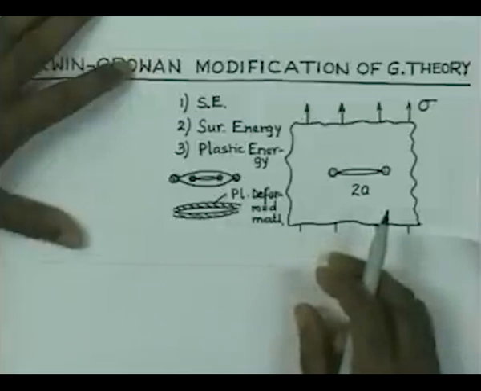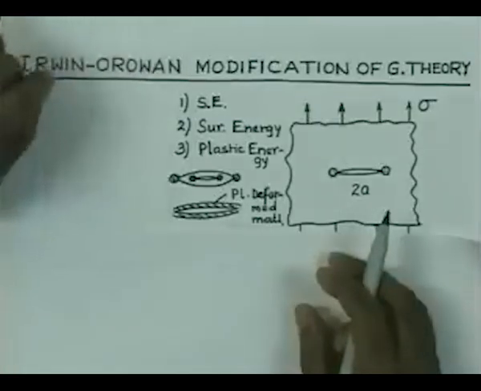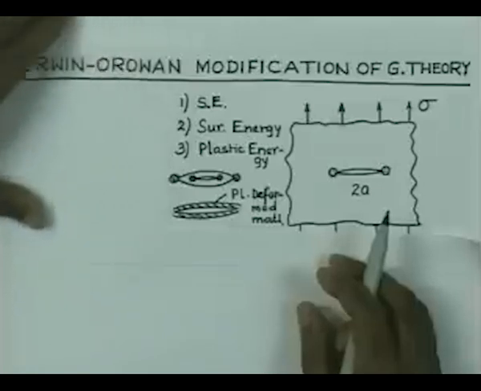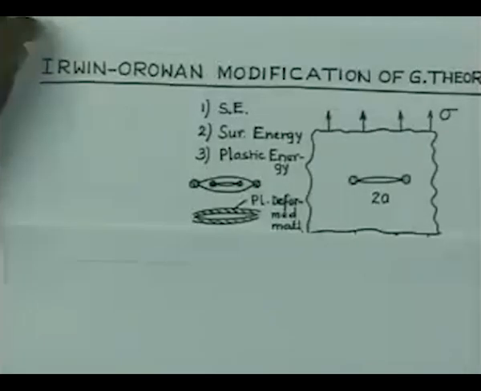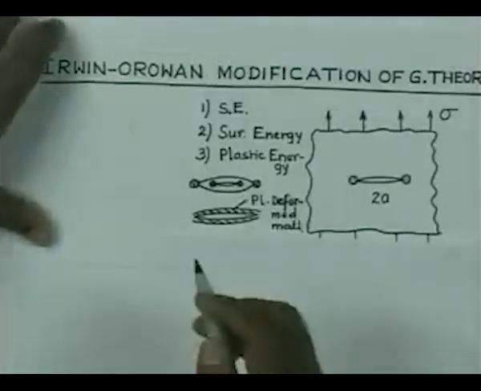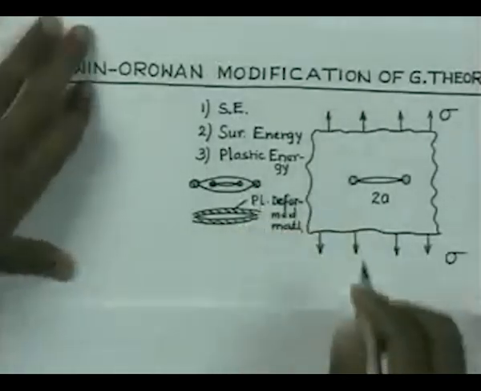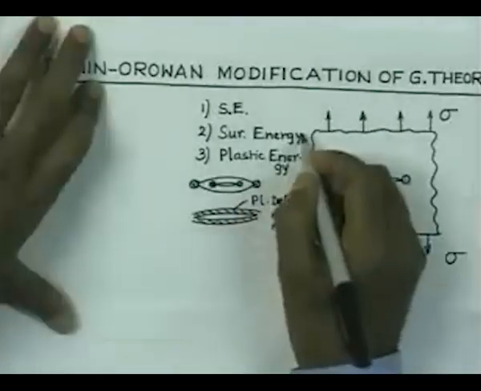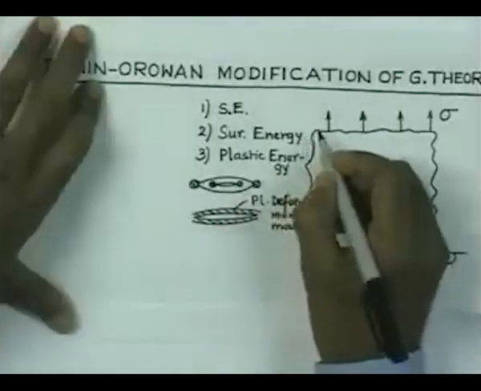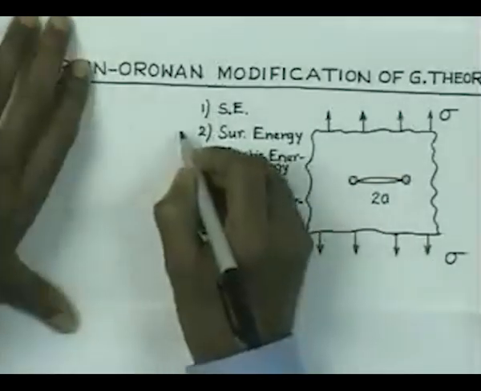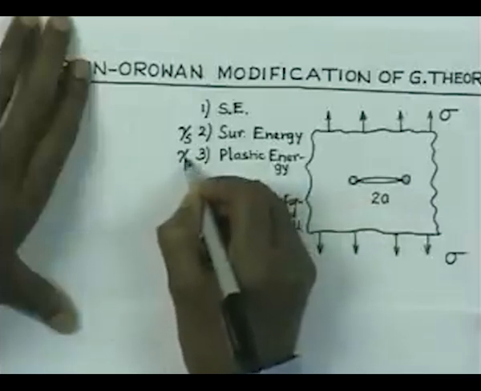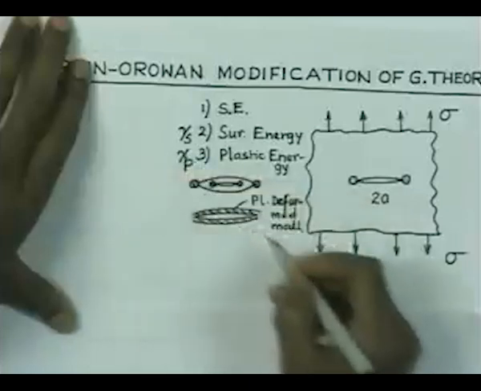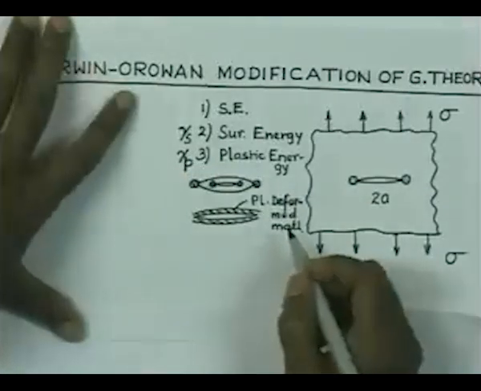It is actually absorbed at a definite rate. So, if you now consider the energy absorption rate per unit area, then we have two quantities now: surface energy, which is given by gamma s, and then there is also some energy per unit crack area for plastic deformation, which is gamma p.